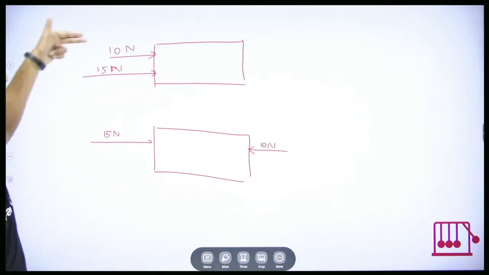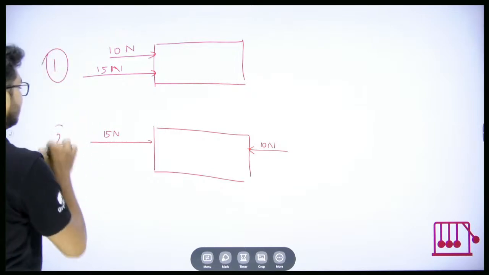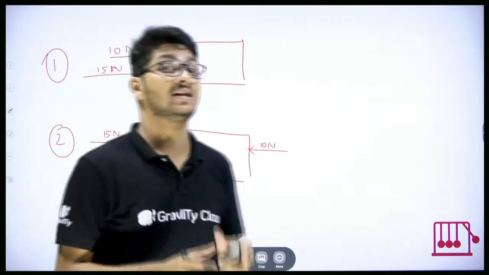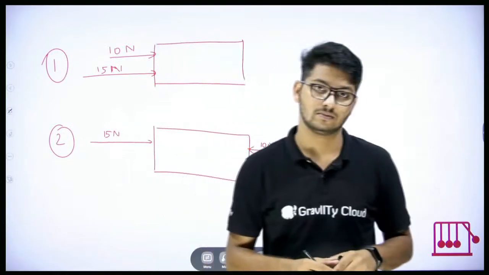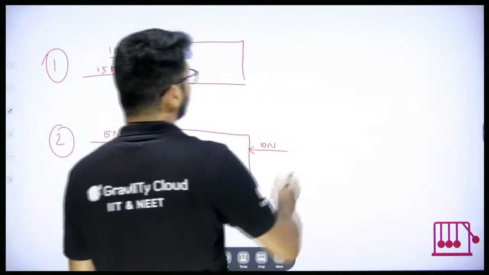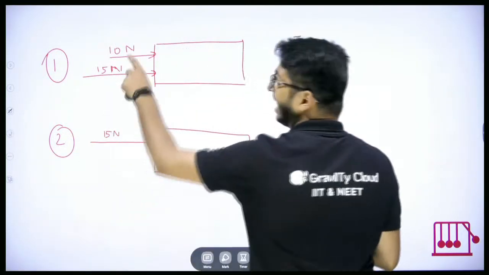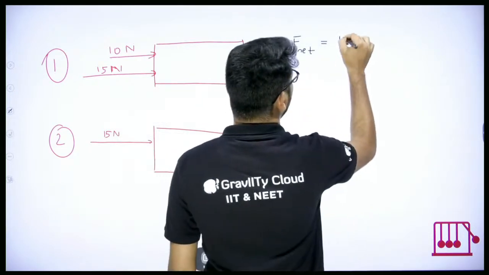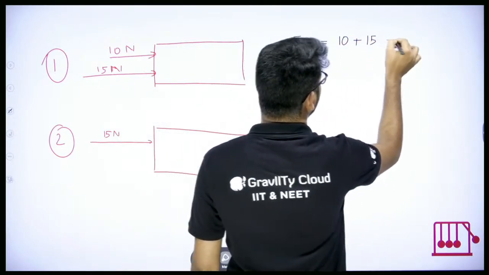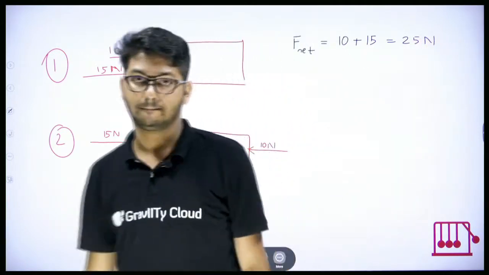In the first case, the forces are acting in the same direction. In the second case, the forces are acting in opposite directions. So what is the net force? When they are acting in the same direction, you add them. So it is 10 plus 15, which is going to be 25 Newton.